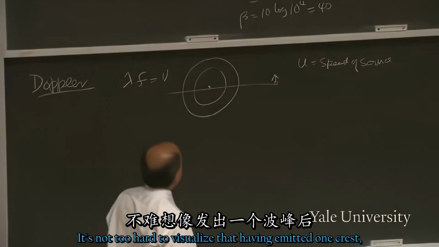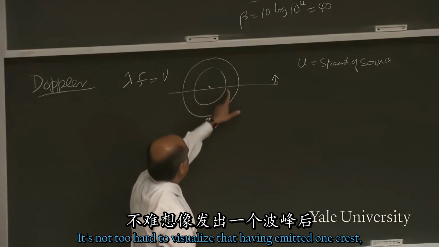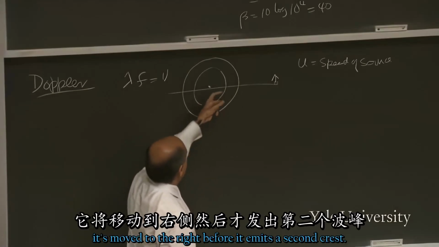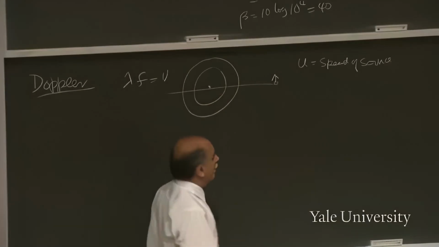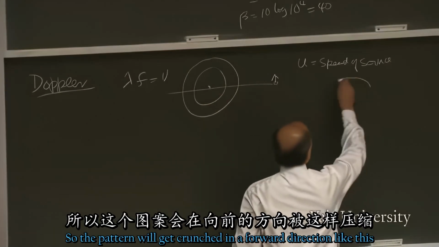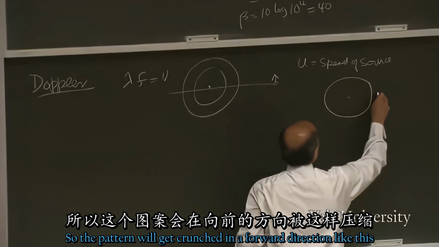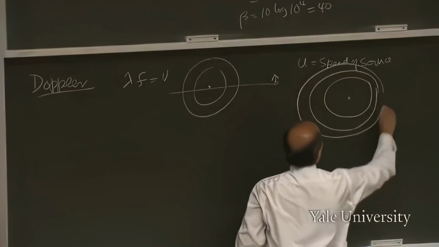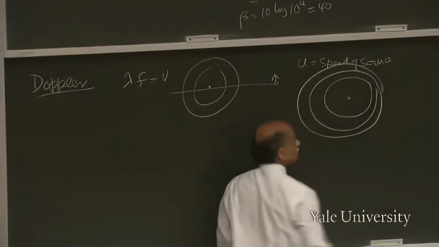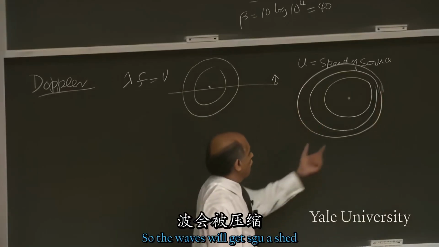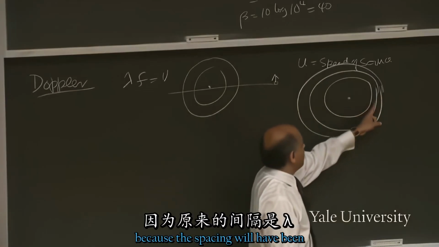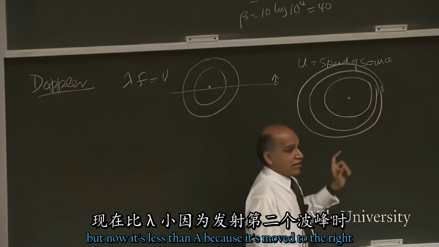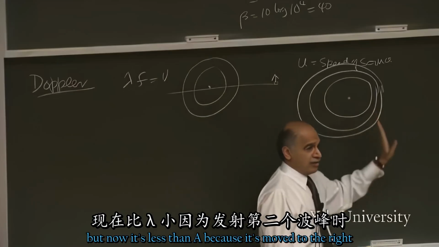It's not too hard to visualize that having emitted one crest, it's moved to the right before it emits a second crest. So the pattern will get crunched in the forward direction like this. The waves will get squashed because the spacing would have been lambda, but now it's less than lambda because it's moved to the right to emit the second crest.